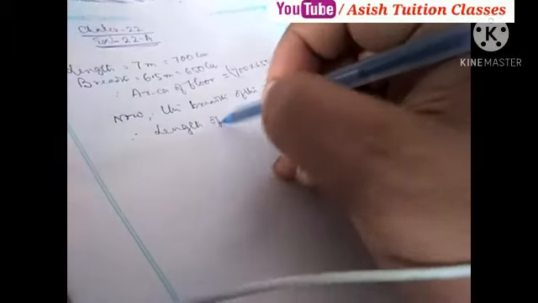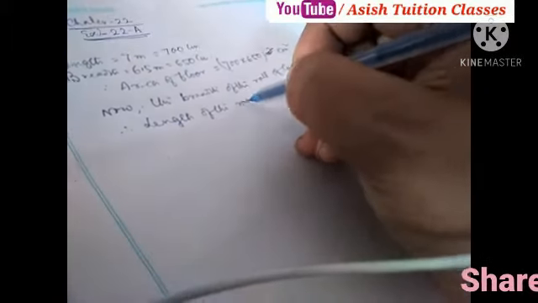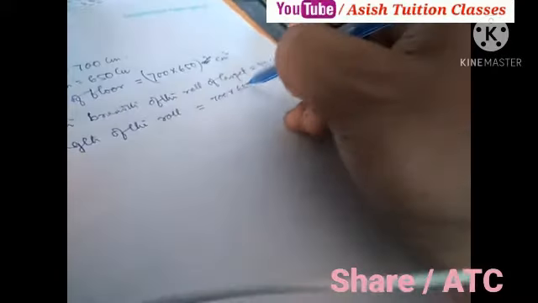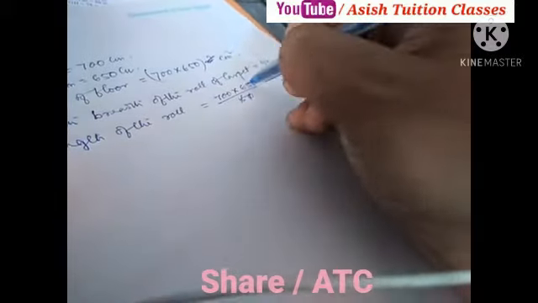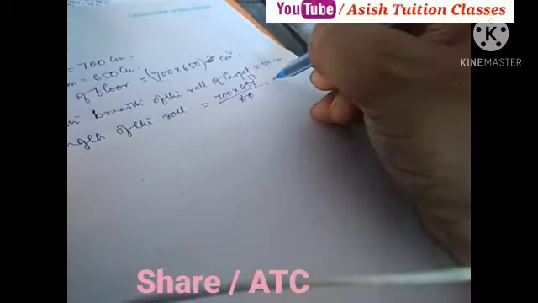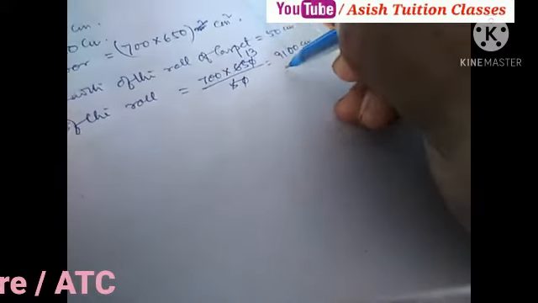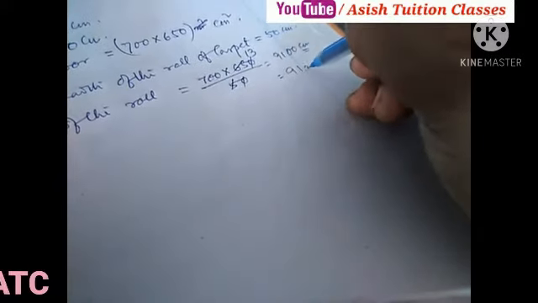Therefore, length of the roll is equal to 700 into 650 divided by 50, which is 9100 centimeter. This 9100 centimeter converted to meter means 91 meter. This is the answer. Length of the roll is 91 meter.